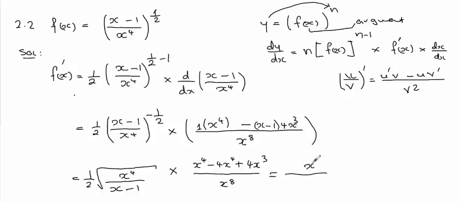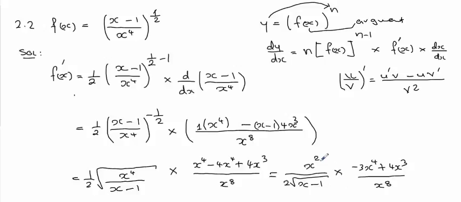x to the power 2 divided by 2 square root of (x minus 1) multiplied by, simplifying here, we've got minus 3x to the power 4 plus 4x cubed, all over x to the power 8.